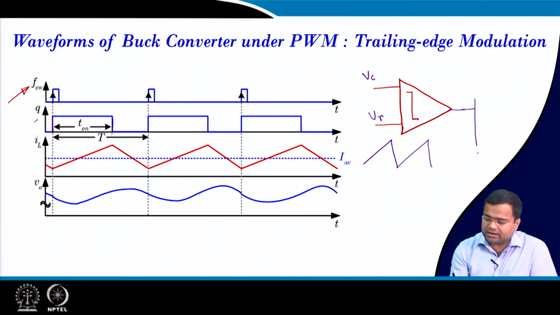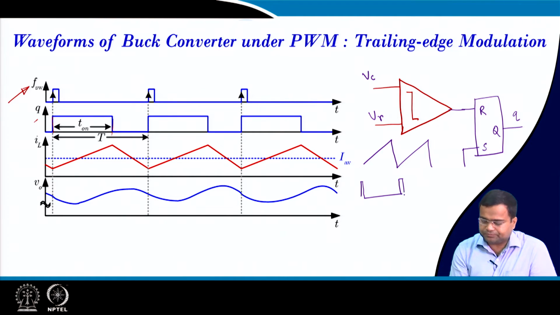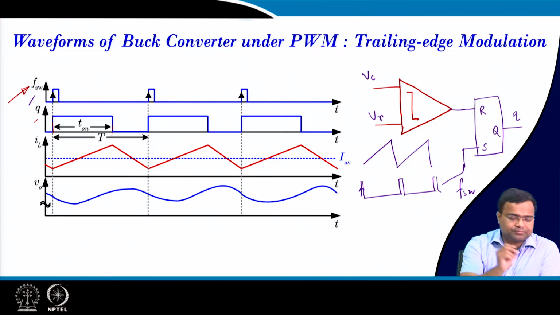Then you add an RS flip flop, with R and S, and Q is your gate signal, and this is synced with the switching frequency clock. This is my FSW clock, which is shown here.